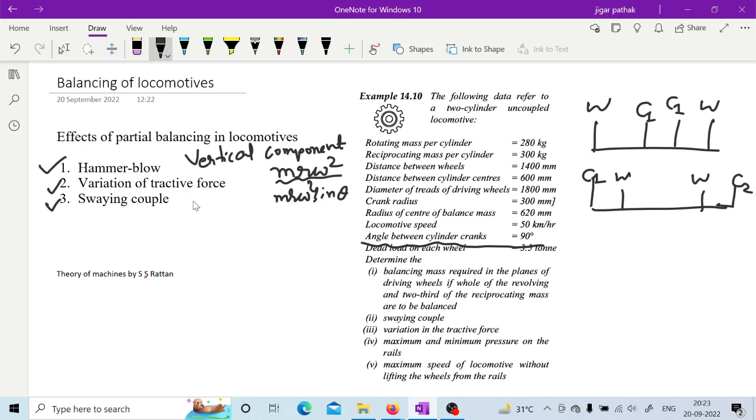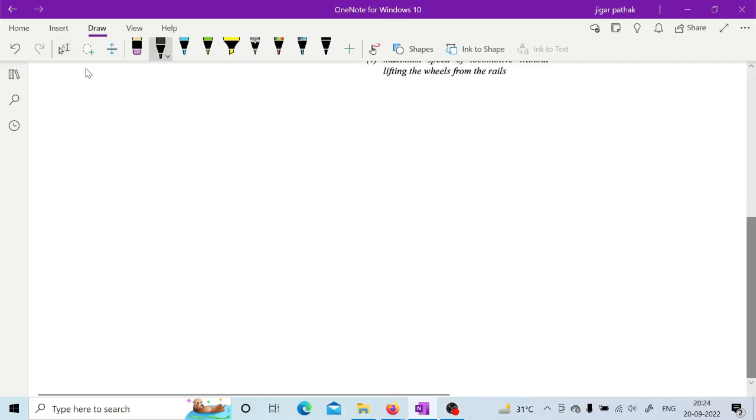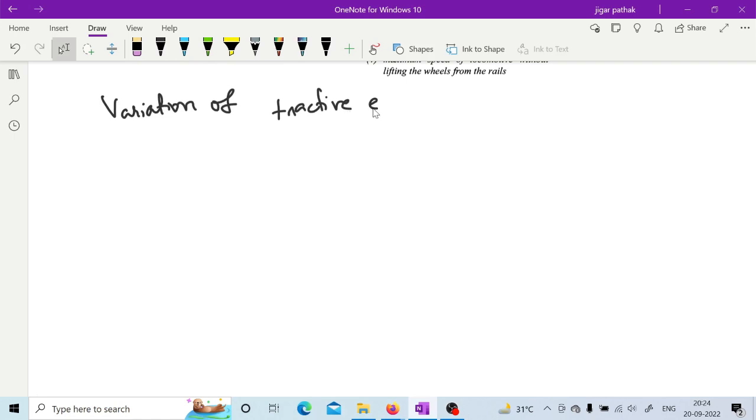Now once you are done with this hammer blow, next is the variation of tractive force. Now variation of this tractive force is going to come into picture because of that particular horizontal component, that is (1 minus c) m r omega square cos theta. As you have seen, this variation of tractive effort, it is effort, so it is the force, right?